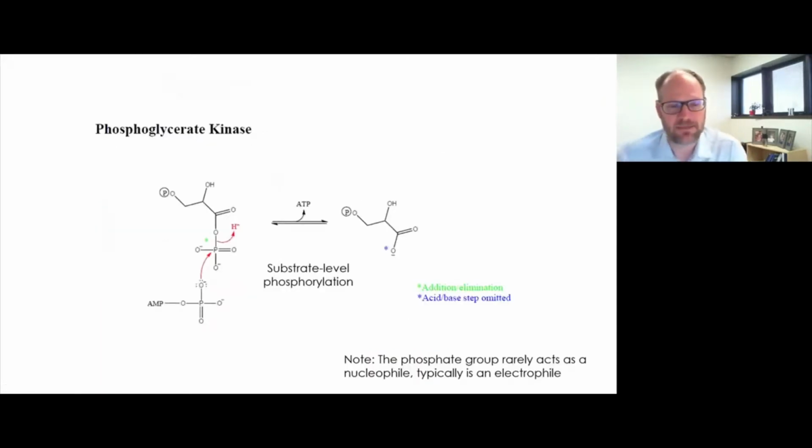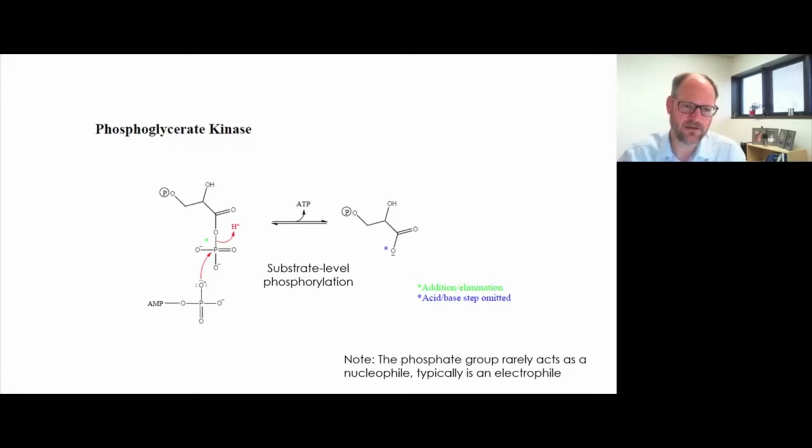In the next step, you have the first one of our payoff steps here in glycolysis. This is the phosphoglycerate kinase reaction. This reaction occurs as a nucleophilic attack of the phosphate here onto the organophosphate here in position 1, of 1,3-bisphosphoglycerate.